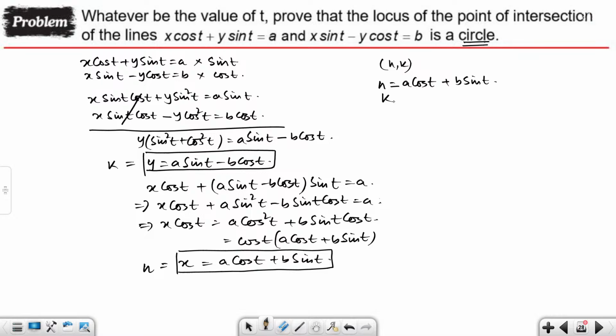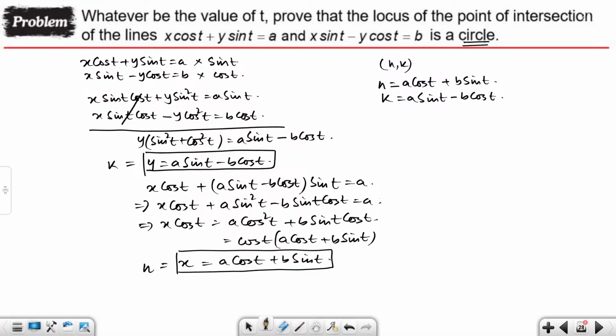And what is k? a sin t minus b cos t. Yes or no? So now from these two equations, we have to remove t. The moment you remove the parameter t, you are going to get the locus.